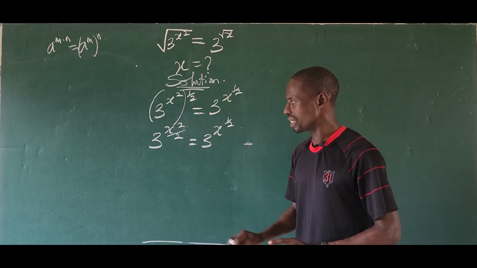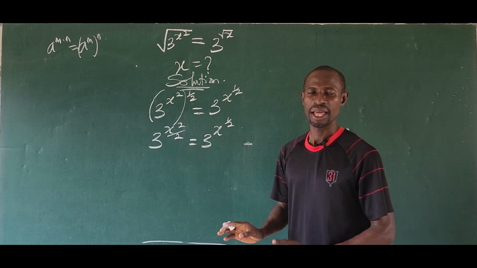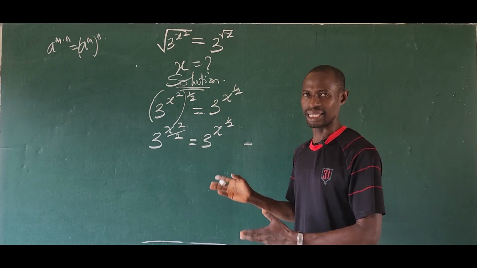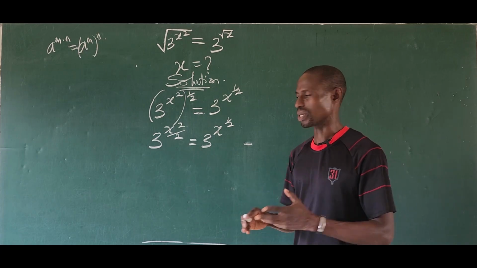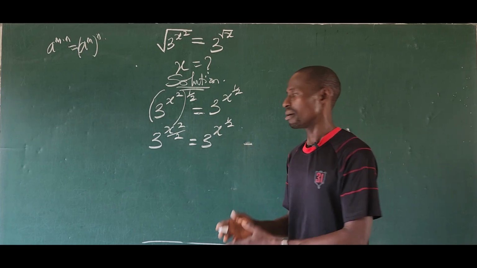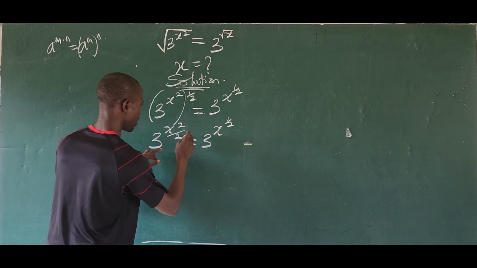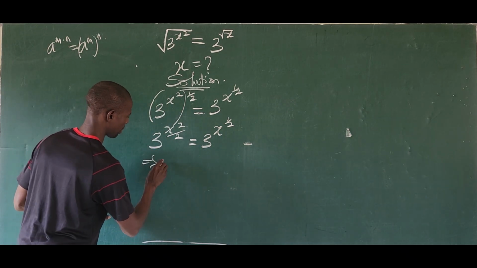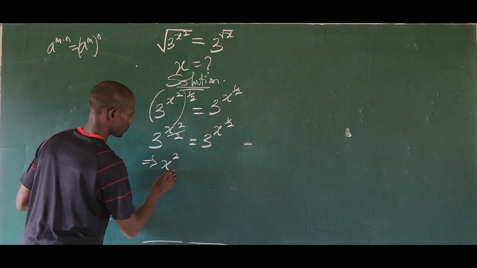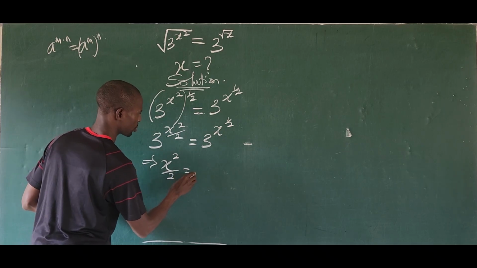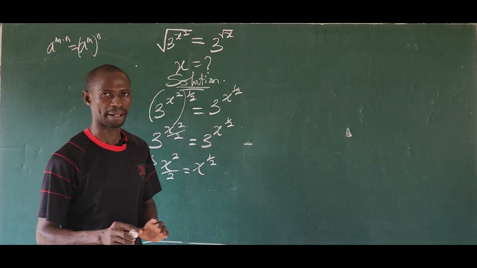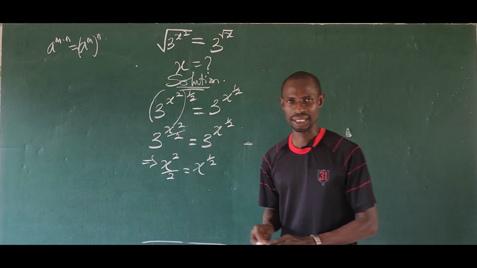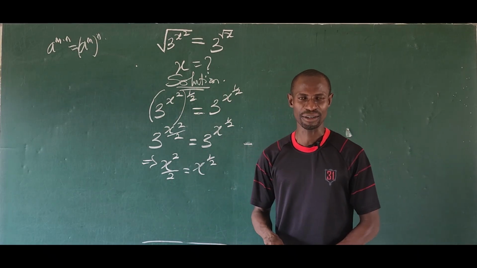If you check the base numbers, they are the same, that on the left hand side and that on the right hand side. And so it means we can equate the exponents. If we equate, this gives us x to the power of 2 over 2 equal to x to the power of 1 over 2. Easy. But we're still having a fraction on the left hand side of the equation.